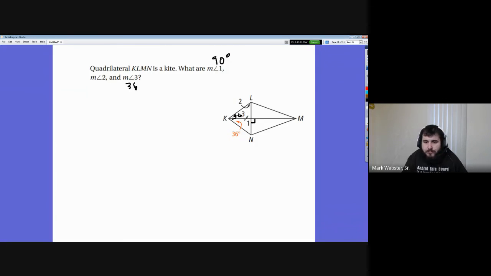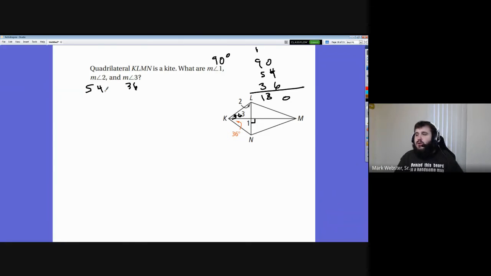Angle 2: 90, 36, and what make 180? 54, right? Again, don't overthink this. These should literally take you 10 seconds to do. Don't overthink.